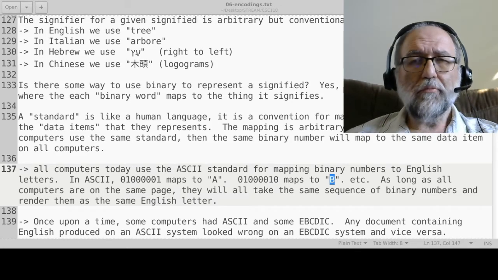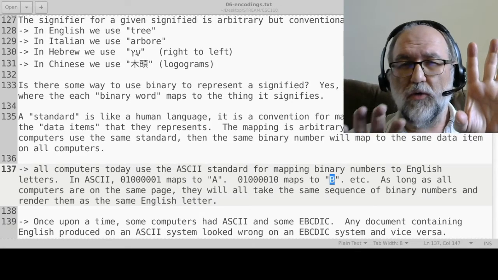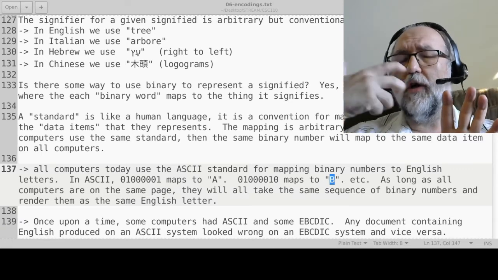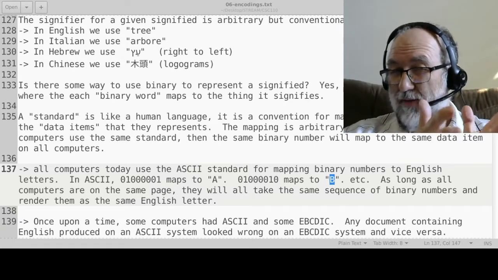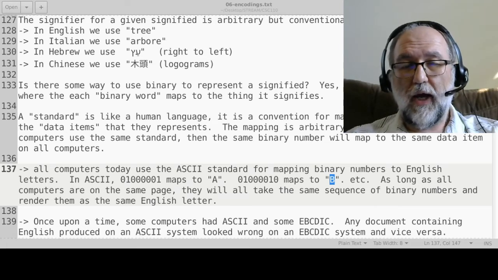These sequences get mapped, converted, or interpreted as the letter capital A or capital B, and so on.